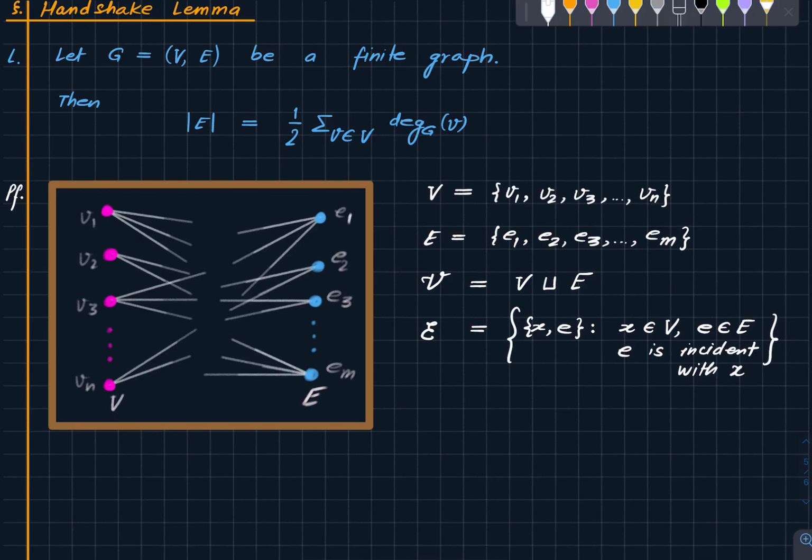I like using this terminology rather than just saying x is in E. Okay, so this is our edge set.